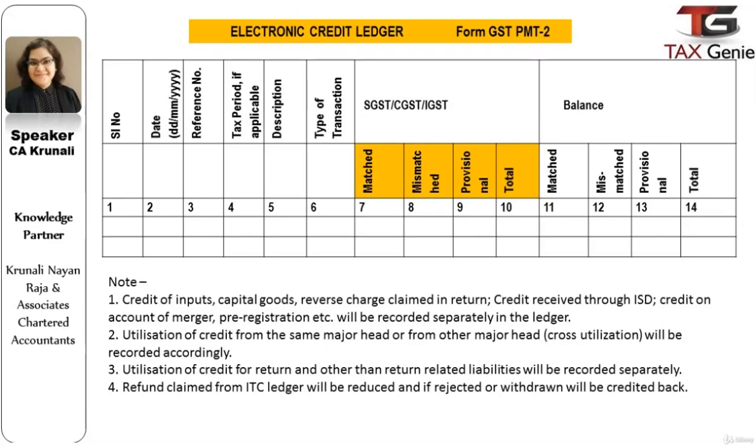And finally, the balance amount in the ledger, which would be further segregated into categories like matched, mismatched, provisional and the total of all.